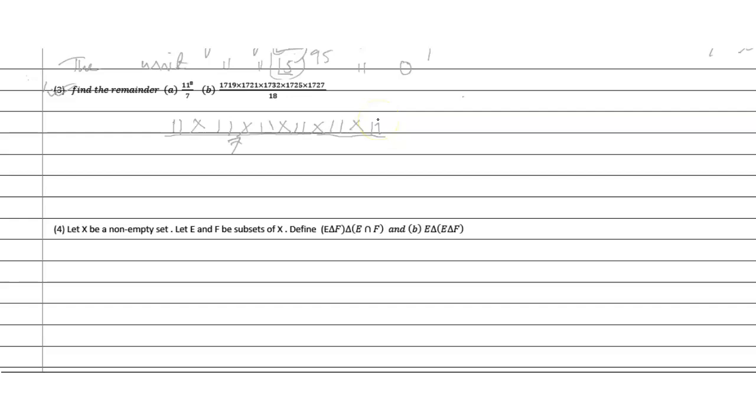So in total, I just write here total 11 times, multiply 4 up to 4, divided by 7. So it is 11 times.